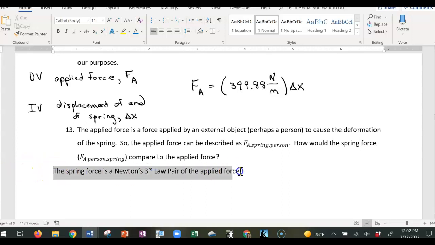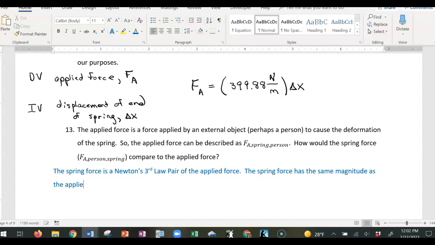Right? They are the same type of force. They have the same amount. The spring force has the same magnitude as the applied force, but it acts in the opposite direction.